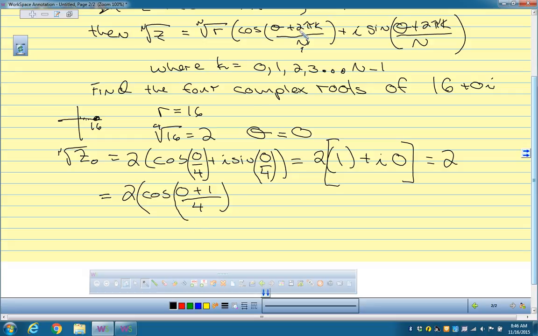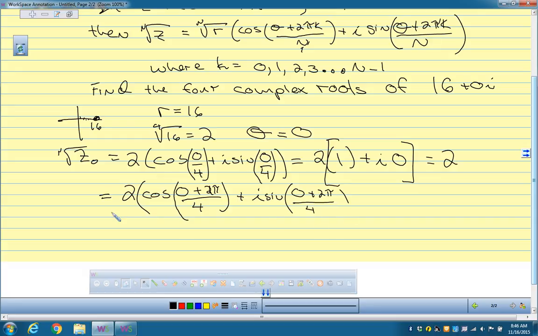Would that be 2 pi then? Yes, if it's times 1. Oh, 2 pi, sorry. You're right. Do you understand what I did? 2 pi times 1 plus I sine of 0 plus 2 pi times 1. That divided by 4.